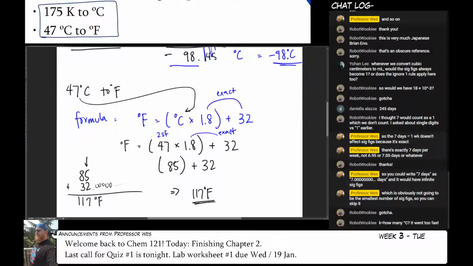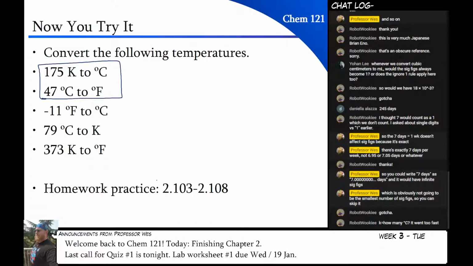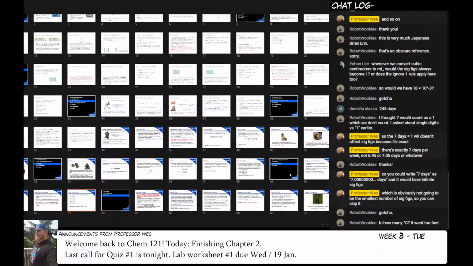All right, so those are some examples of how you do temperature problems. So apply that knowledge to the worksheet and you'll be in good shape. So when we come back on Wednesday for tomorrow's lecture, you could do the rest of these problems on your own. I think there's a homework practice on here. Yeah, there we go. I just didn't go far enough. So we skipped over section 2.9, which was density.